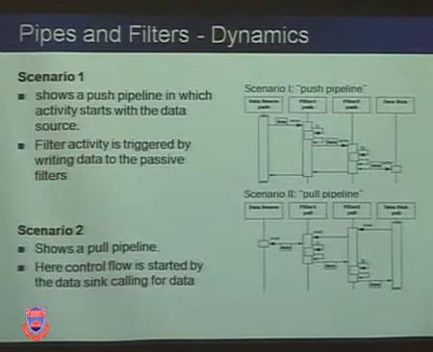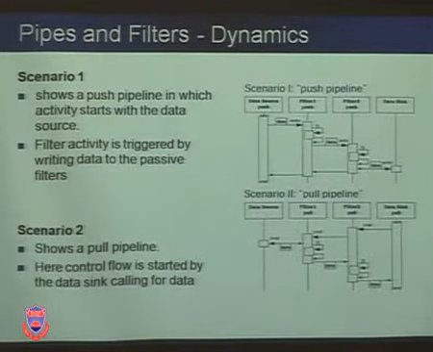If you look at the dynamics of the pipes and filters pattern, there are different dynamics. So we have a data source, some filters, and a data sink. Scenario 1 shows a push pipeline, as it's called, in which the activity starts with the data source.